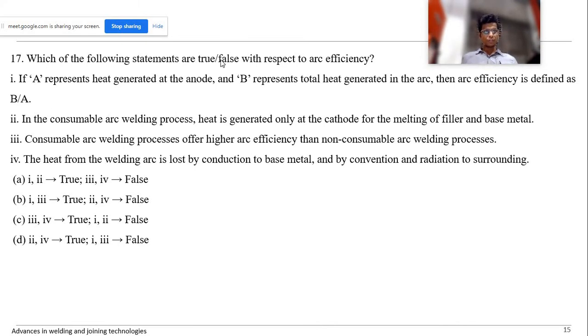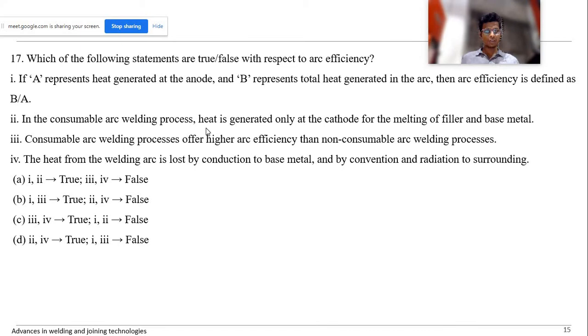Which of the following statements are true or false with respect to arc efficiency? If A represents the heat generated at the anode and B represents the total heat generated, the arc efficiency is identified by A by B. This is wrong, right? Because they have just mentioned anode. Okay, we'll see the next question.